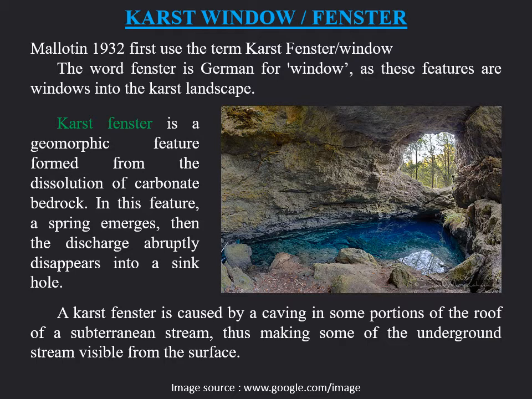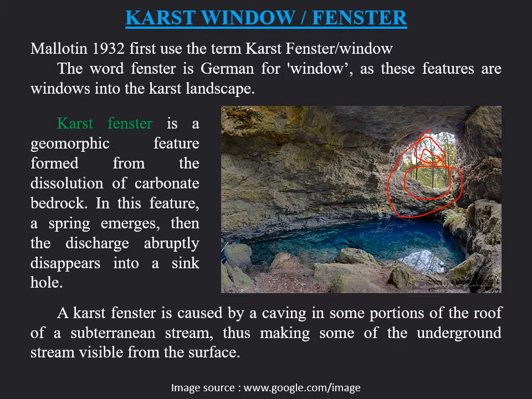But with time, the surface rocks, that is the roof rocks over this passage, collapse, and due to that, a hollow is made, a window by which people are able to see the subsurface flow of water. So it makes a narrow passage by which we can observe these kinds of subsurface streams.